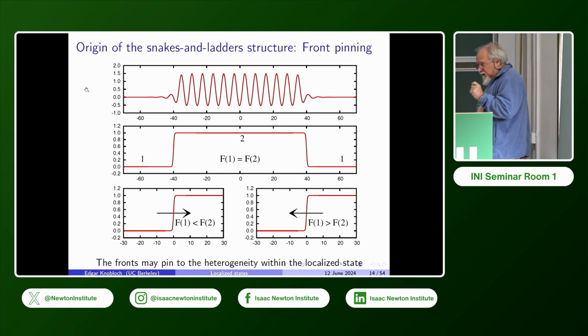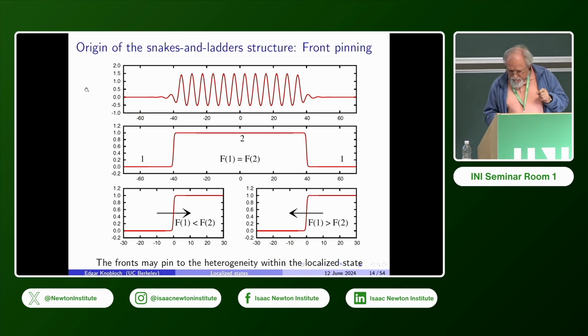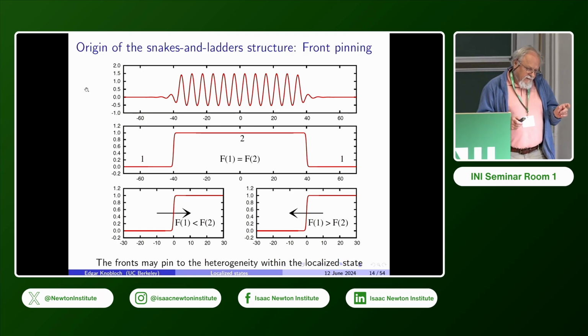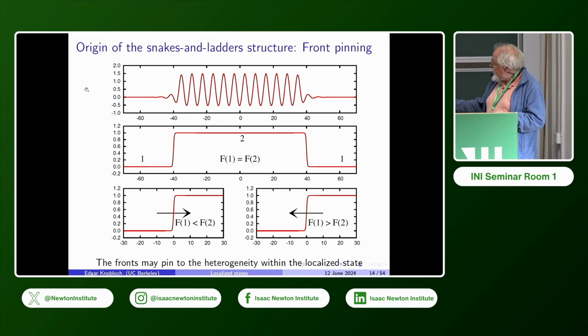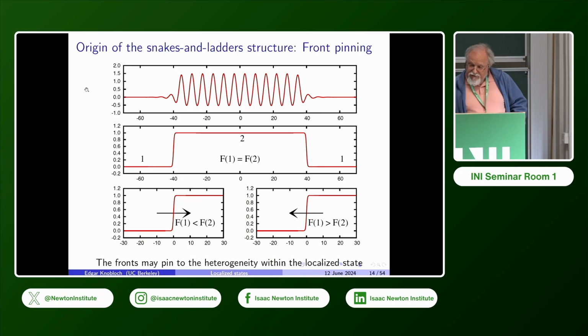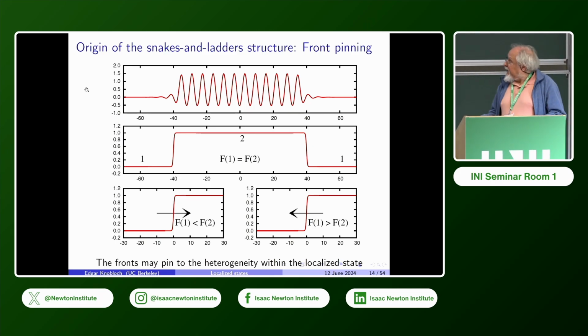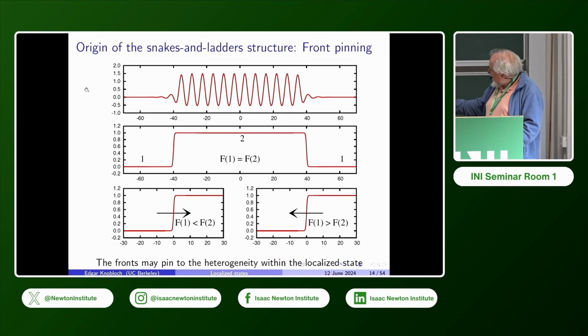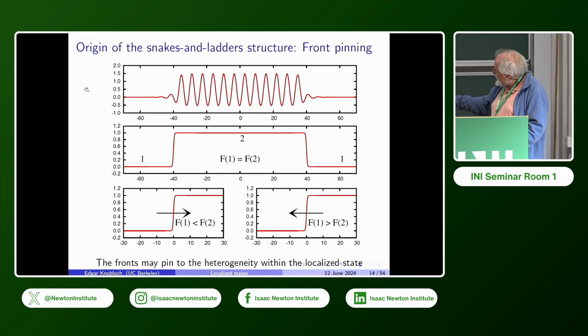Now, our problem is a little bit like this, but the difference is that we have competition between a homogeneous and a crystalline state, like this periodic structure that you see here, which is bounded by fronts at either end that connect it to the homogeneous flat state. And because of the heterogeneity here, there is a new physics that comes into this picture that's referred to generally as pinning, because this front here is pinned to the oscillations behind it.